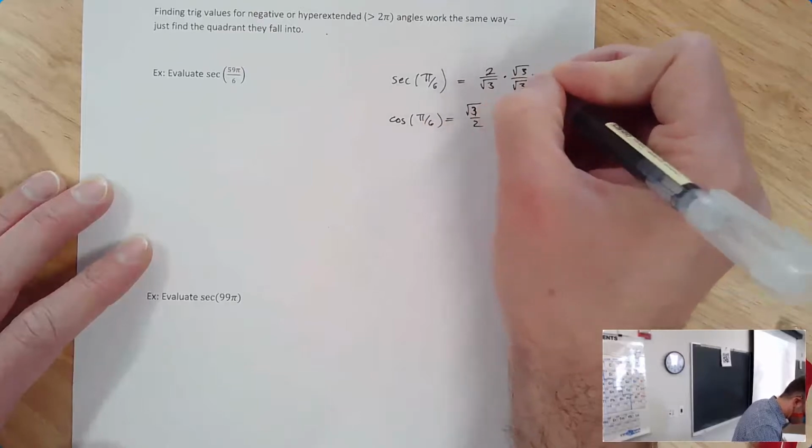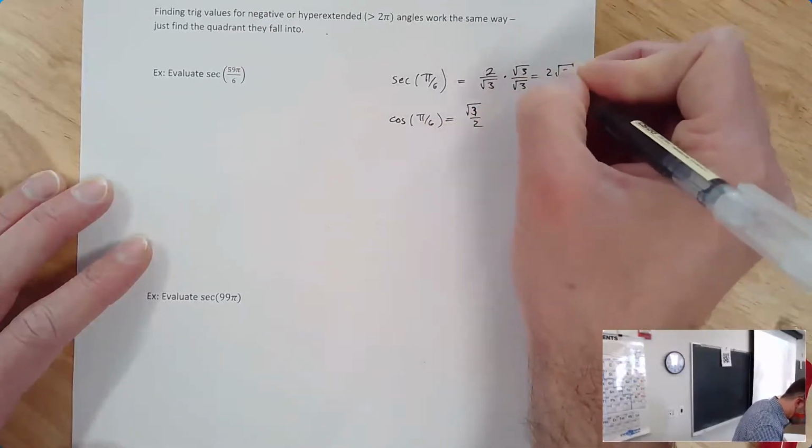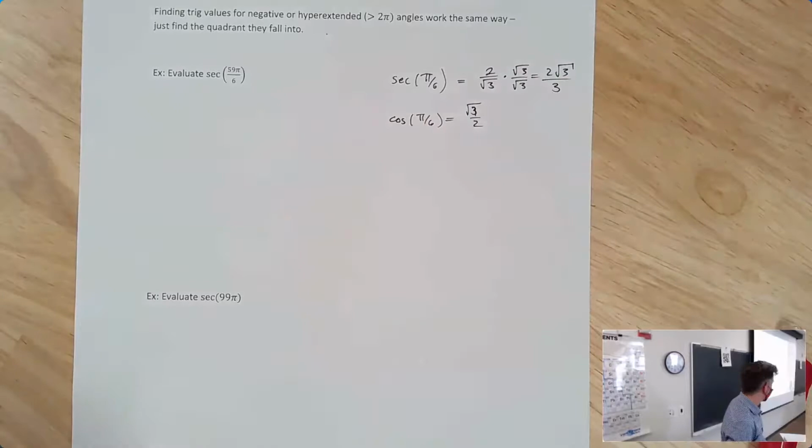Now that's not necessarily my answer, but here's what I know right now: my answer to secant of 59 pi over 6 is either positive 2 root 3 over 3 or negative 2 root 3 over 3. I just have to figure out what quadrant my angle is in.